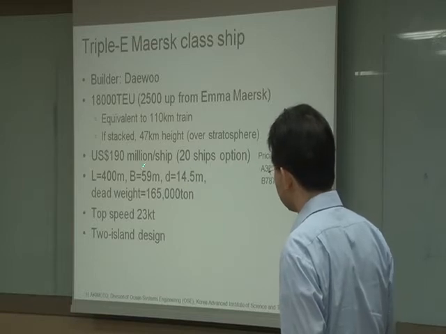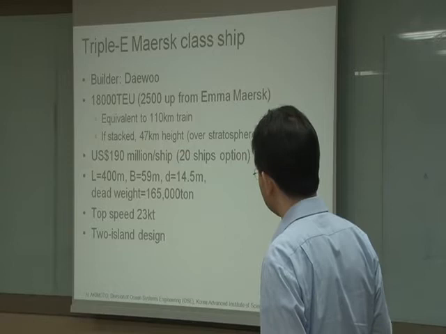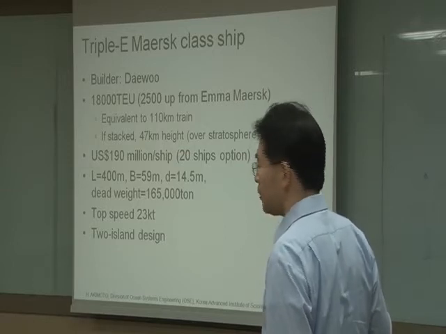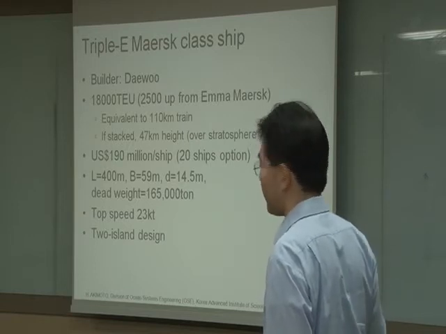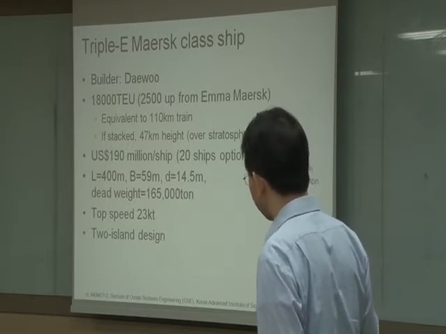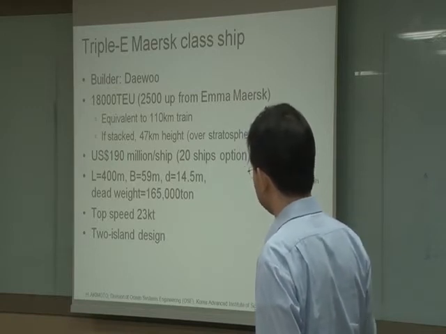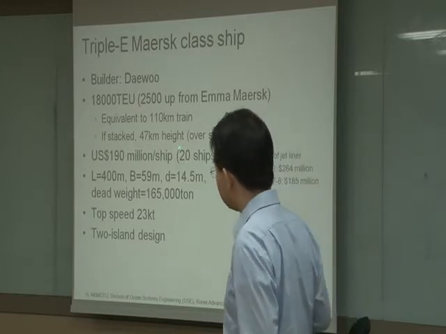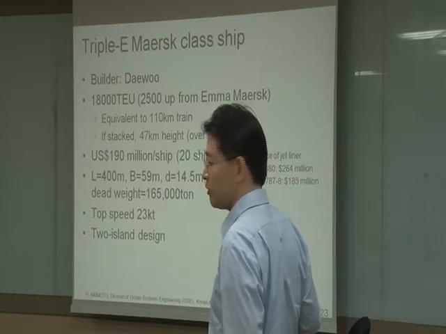So it is cheaper than the A380, but the Boeing 787 Dreamliner is in a similar price. Actually, they have many variations, but you can think it is comparable to the Dreamliner. And Daewoo has an optional contract of 20 sister ships.